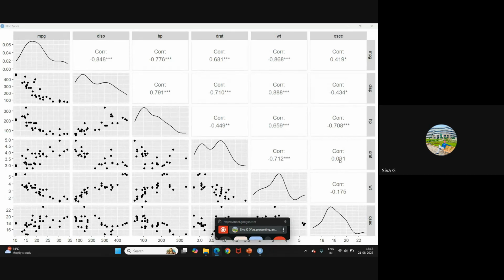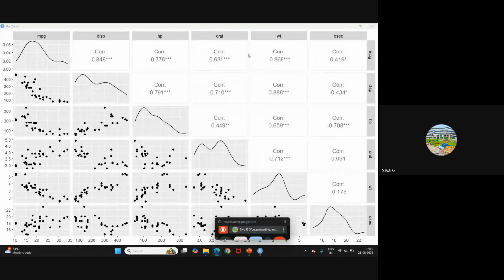Sometimes in R itself, or in SPSS, I saw that it represents insignificant values with dots. Significant values are represented by stars, and dots represent insignificant. A single dot is insignificant, 2 dots highly insignificant, 3 dots completely insignificant, no use at all.